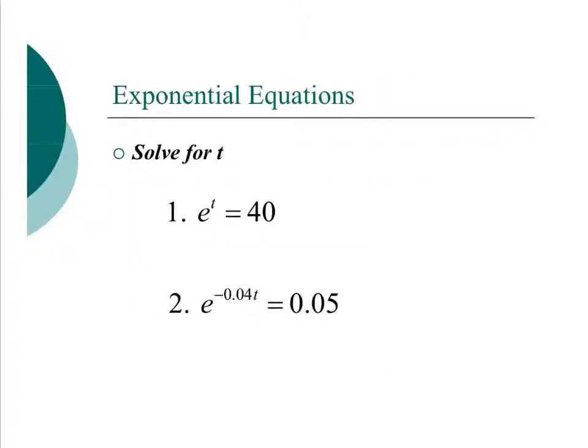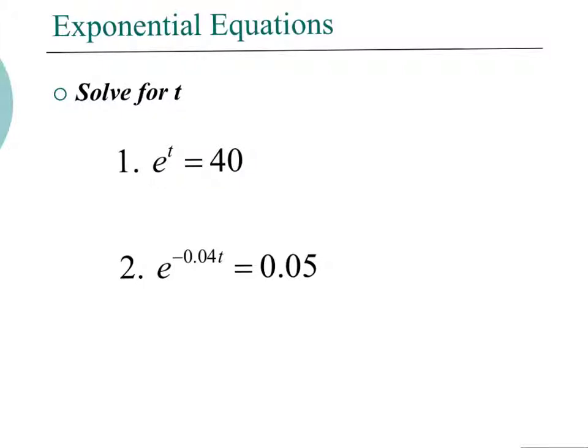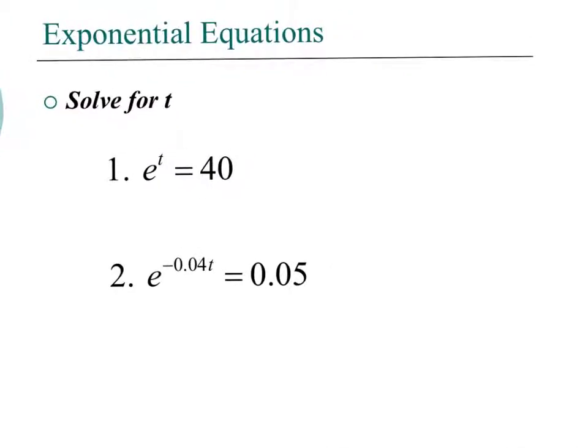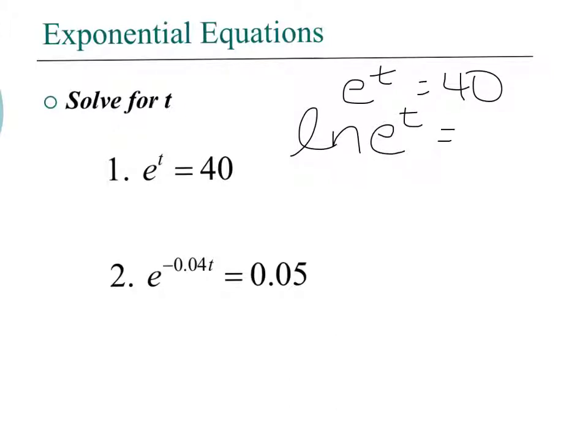Our next topic is exponential equations. I know you've done these before, but just to remind yourselves, if we have, in example 1, e to the t equals 40, you will go through and make both sides the natural log, and when you put both sides to the natural log, this power will come down in front.